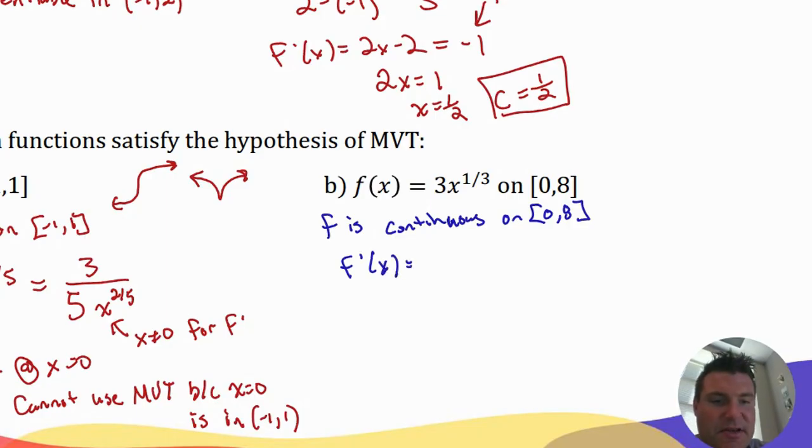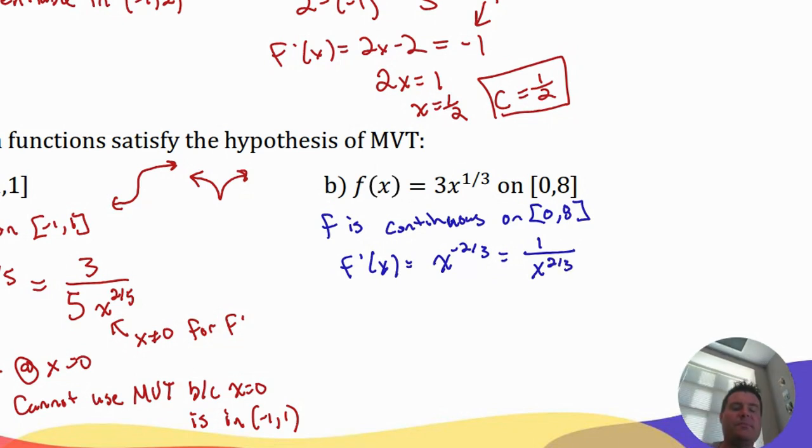If I'm doing this, I'm going to get x to the -2/3, if I could get my dyslexia in order. The derivative is 1 over x to the 2/3, which means that x cannot equal 0 for the derivative. So does MVT apply? Yeah, it does, because 0 is not inside the open interval (0, 8).